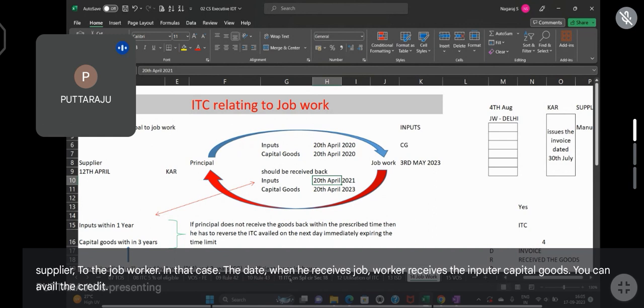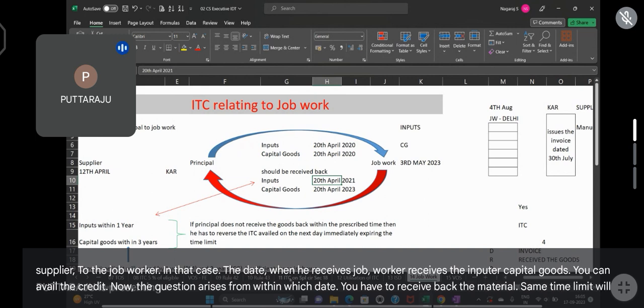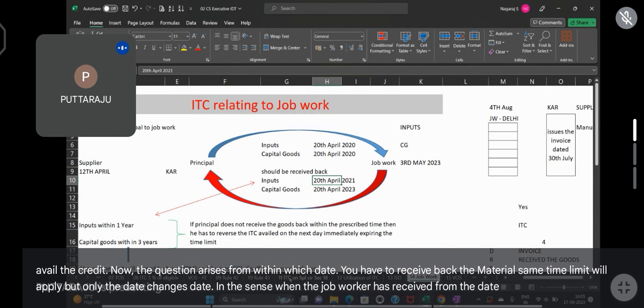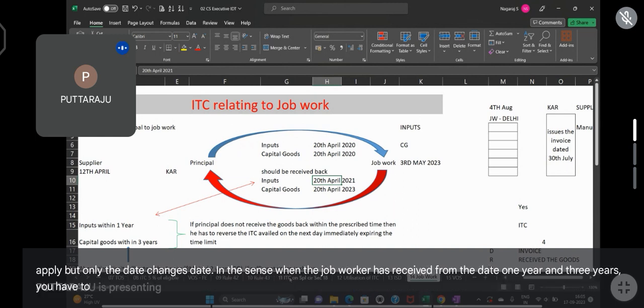Now the question arises, from within which date you have to receive back the material. Same time limit will apply, but only the date changes. Date in the sense when the job worker has received, from that date 1 year and 3 years you have to compute. The practical theory questions will come on this.